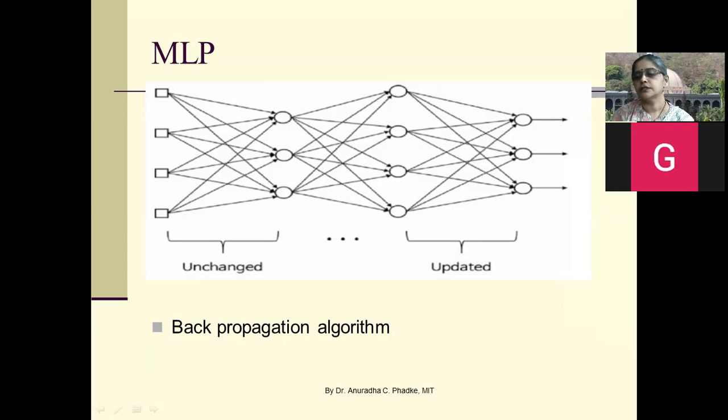Yes, error function, but whether we use that error function directly, Vedika or all other students? Of course your weight updation is proportional to error signal, but whether it is directly proportional to error signal or we apply some mathematical function on it, we consider some mathematical operation. What is that operation?